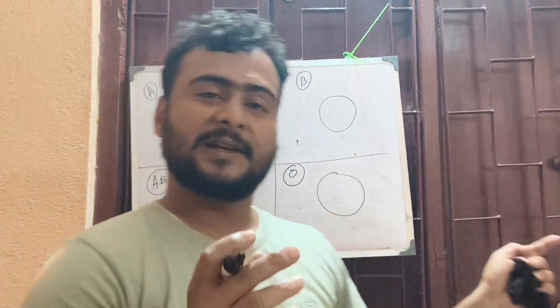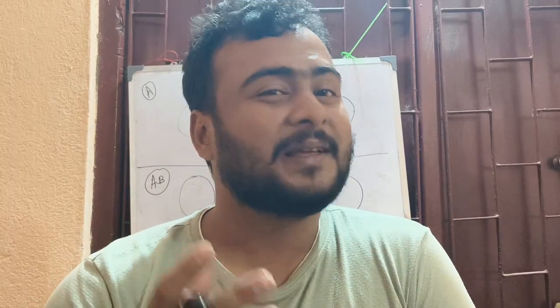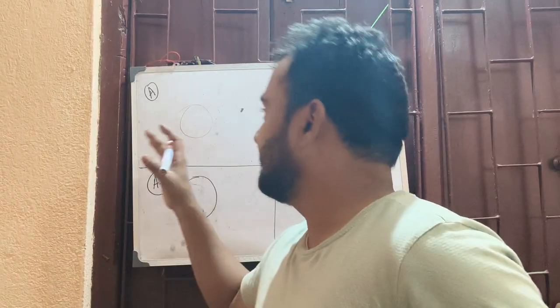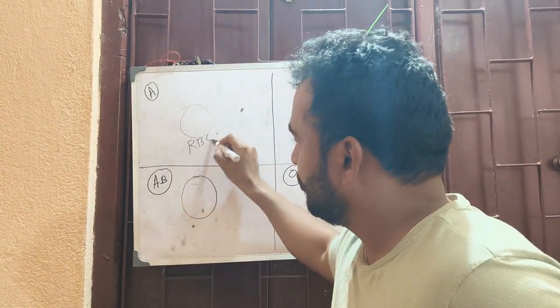As I said earlier, which kind of blood you have completely depends on the RBC. So we can say that we have different kinds of RBC, and that's why we have different kinds of blood group. All those circles I made, you take them as the RBC.